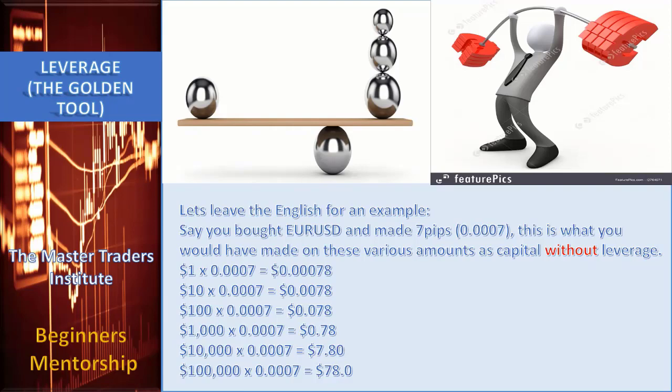Let's say you bought EUR/USD and made 7 pips, which is 0.0007. This is what you would have made on these various amounts as capital. If you have $1 and you made 0.0007, that is 7 pips, without leverage you would have made only $0.00078, which is very insignificant.